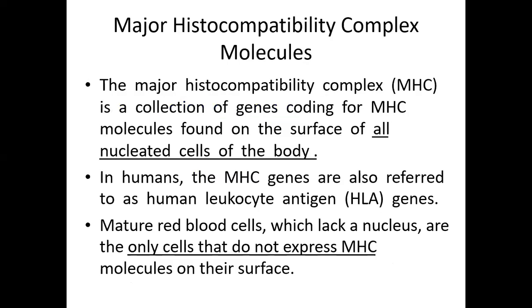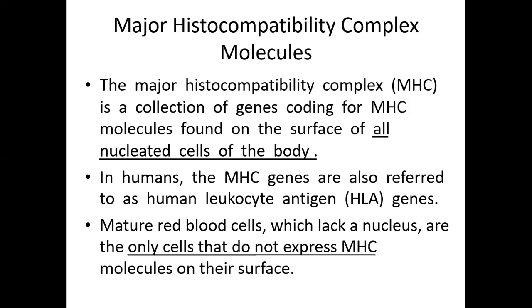Okay, next question is the major histocompatibility complex. The major histocompatibility complex, MHC, is a collection of genes coding for MHC molecules found on the surface of all nucleated cells of the body. So all nucleated cells of the body contain these MHC molecules. In humans, the MHC genes are also referred to as human leukocyte antigen, HLA genes.